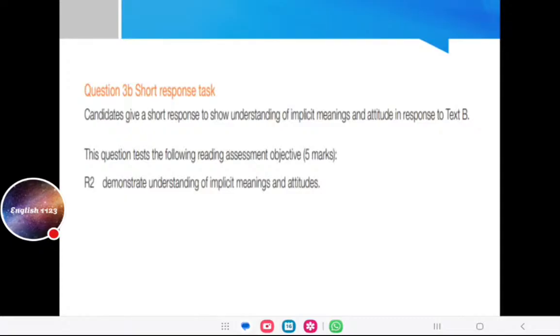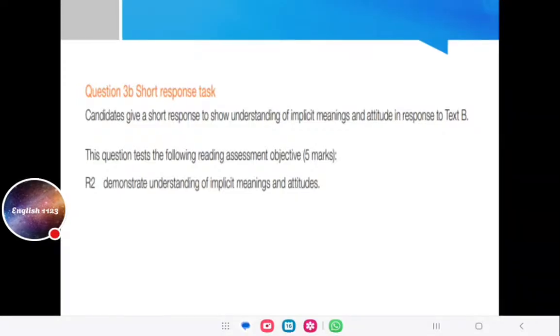In that, question number 1 is the comprehension task that has 16 marks. Question number 2 is the use of language task that has 9 marks. Question number 3A is the summary task that has 20 marks, and question number 3B is the short response that has 5 marks. So that was the syllabus review of P1.